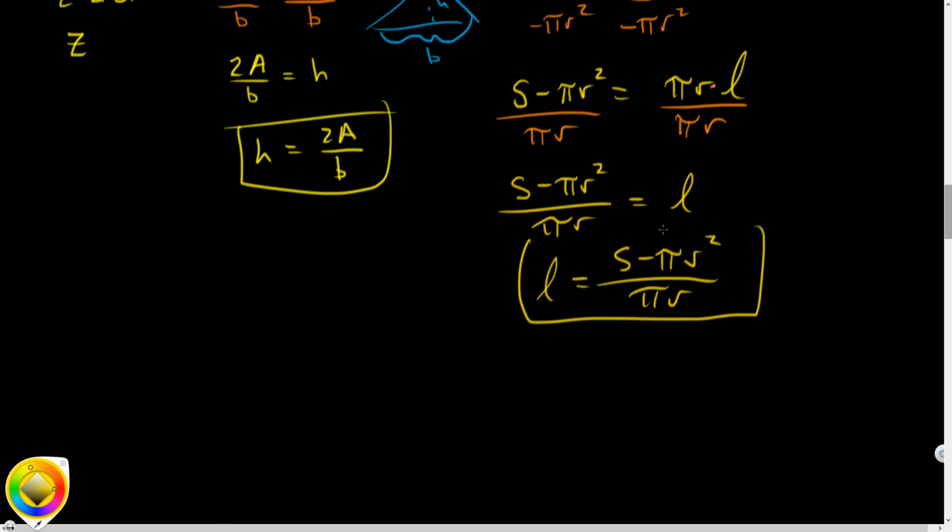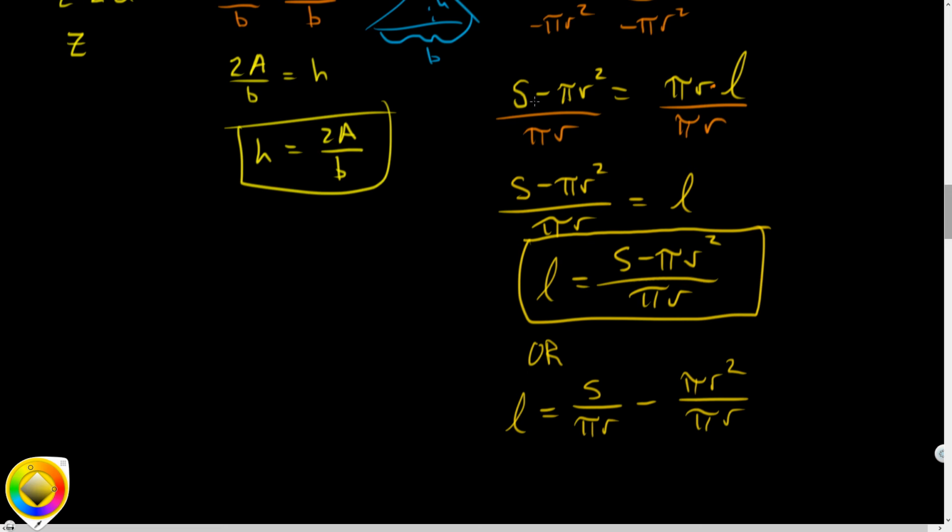Now this isn't the only way to write this formula. So this is the slant height of a circular cone formula when you know the surface area and the radius. Also, just so you're aware, I also could have written it this way: S over pi r minus pi r squared over pi r.